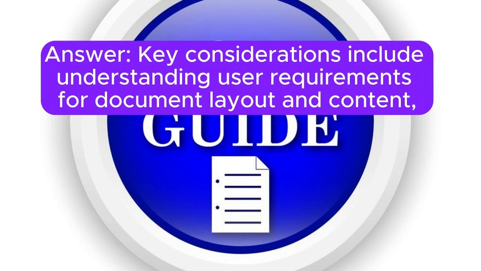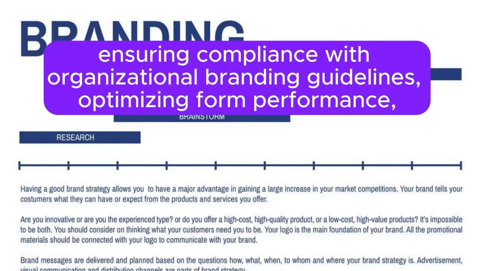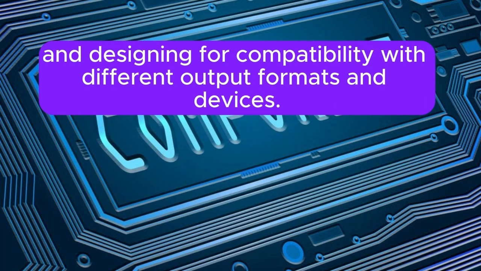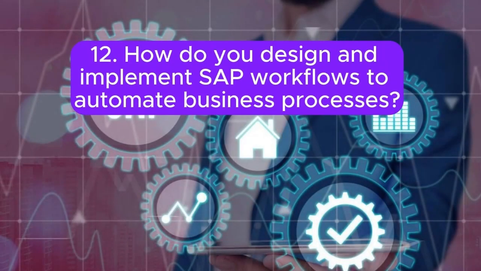Answer. Key considerations include understanding user requirements for document layout and content, ensuring compliance with organizational branding guidelines, optimizing form performance, and designing for compatibility with different output formats and devices. 12. How do you design and implement SAP workflows to automate business processes?